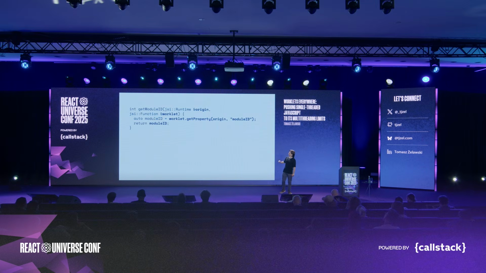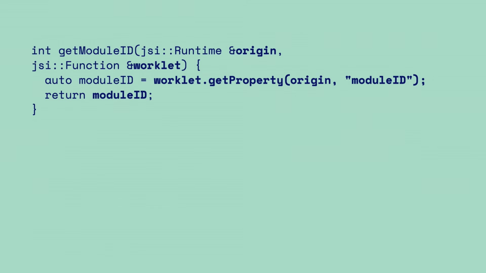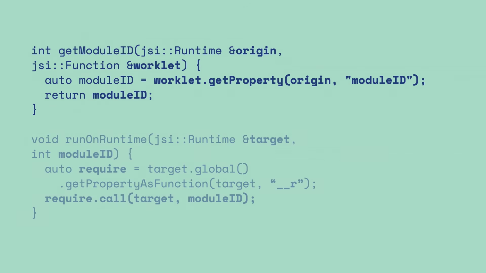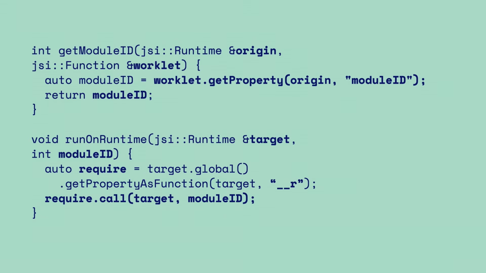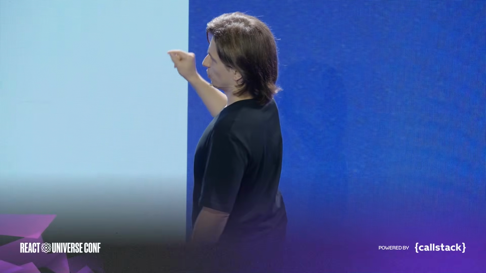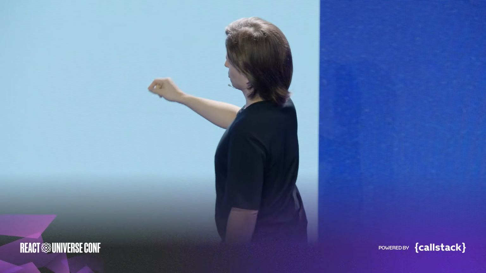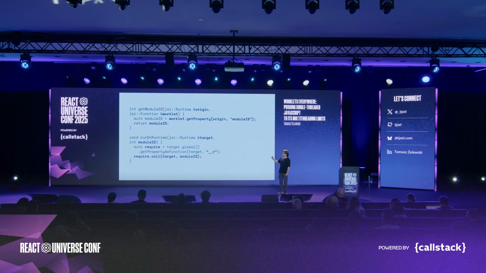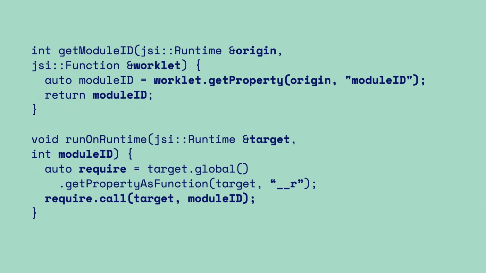We can write a getModuleID function, which takes a worklet, gets the property module ID from it, and returns that module ID, and write a runOnRuntime function, which takes a target runtime and a module ID. From this runtime, it gets its require function as __r, and calls this require function with the module ID. And this is the module ID of the file we had our worklet in.